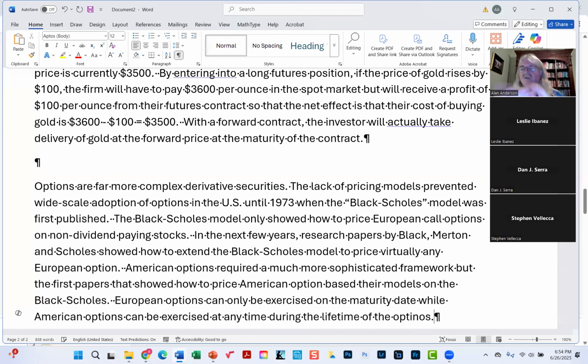But that means that every day that goes by, you have to make a decision. Should I exercise it early or not? And so that's where the complexity comes from. How do you know whether to let it survive another day or exercise it?